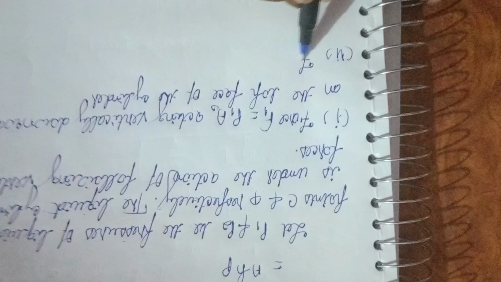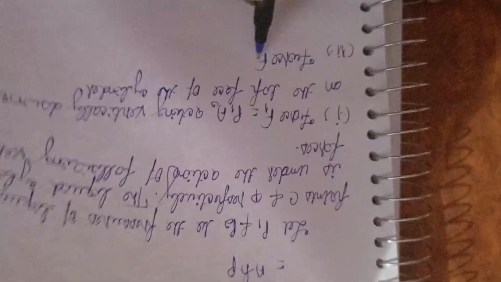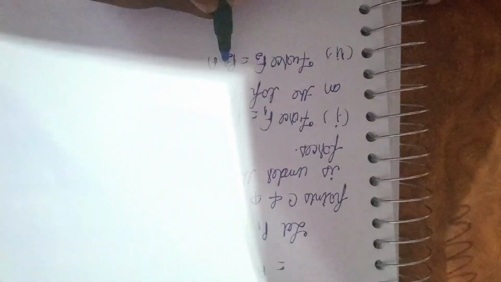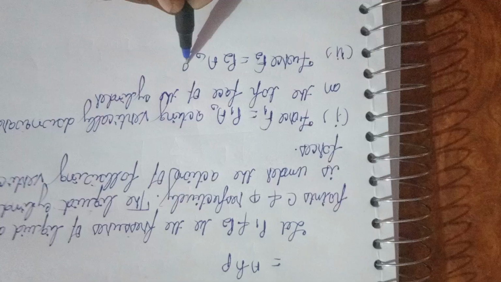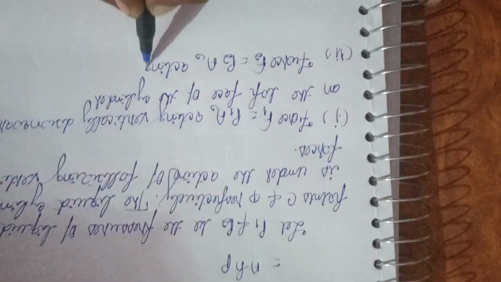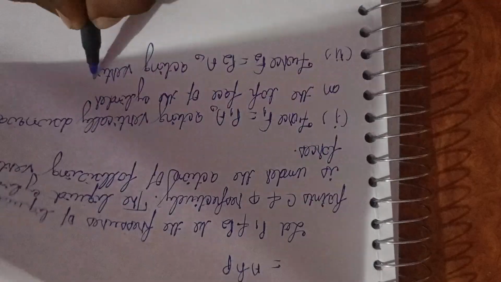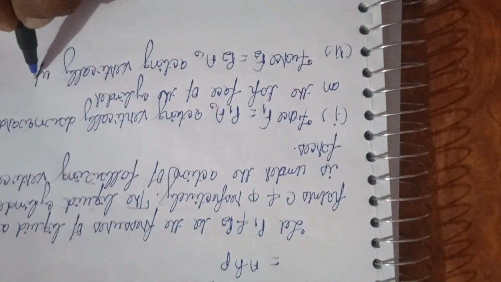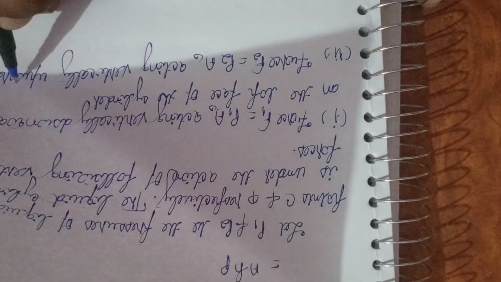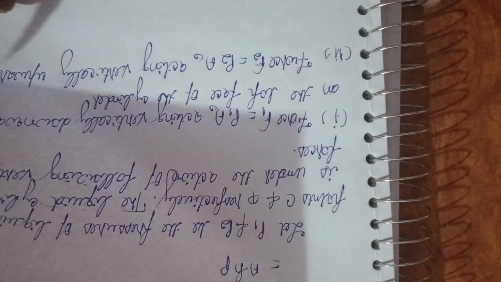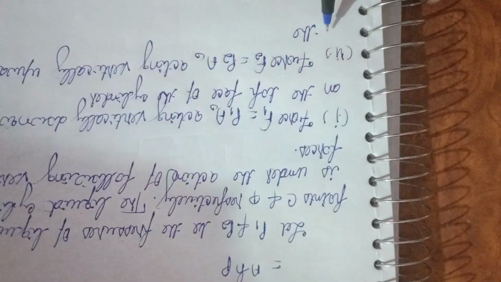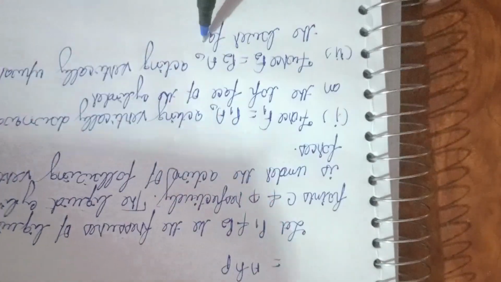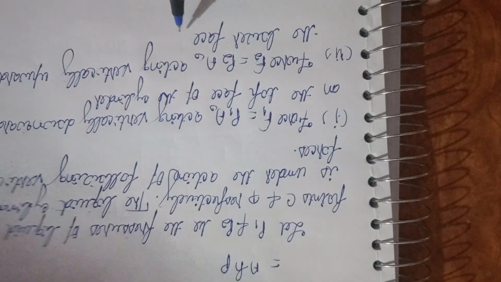Force F2 is equal to P2 into A acting vertically upwards on the lower face of the cylinder.